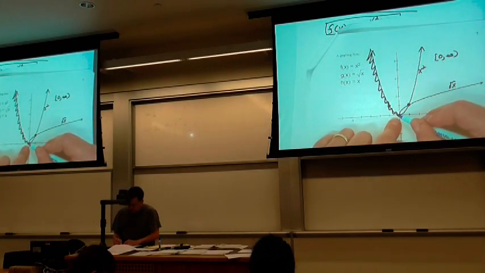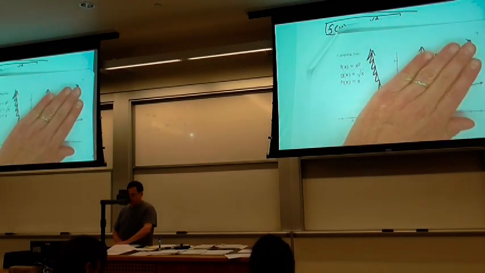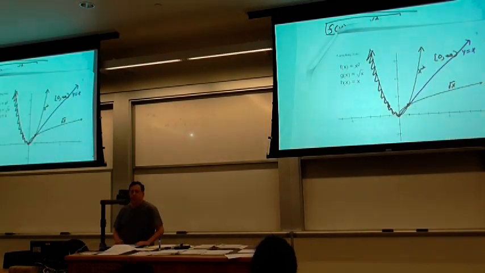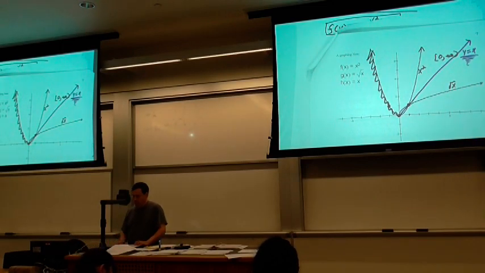Does everyone see that if you draw this line here, y equals x, that they're the mirror image of each other? The more you think about this relationship, the better.